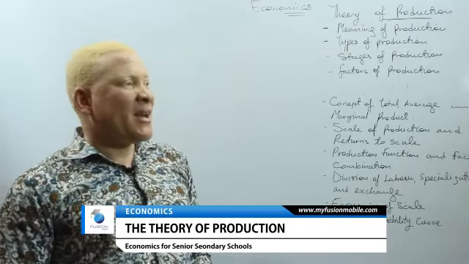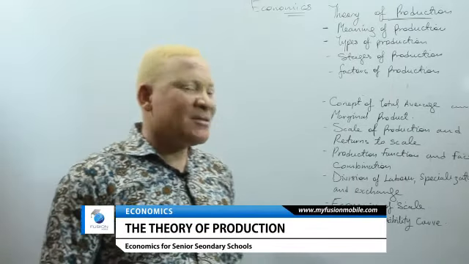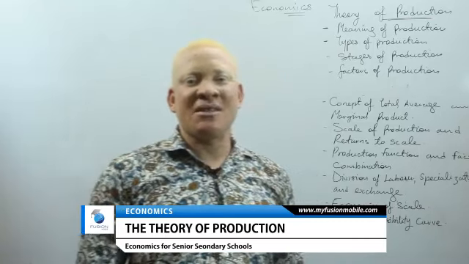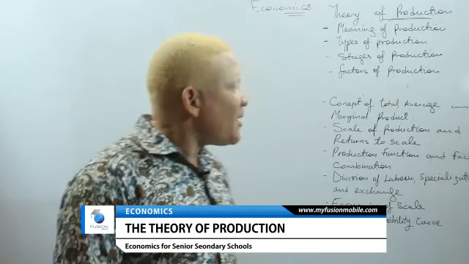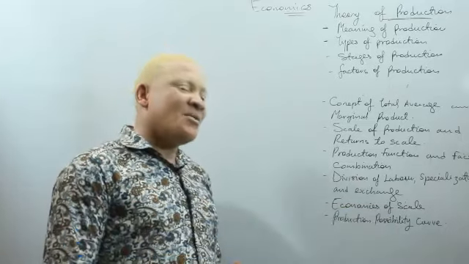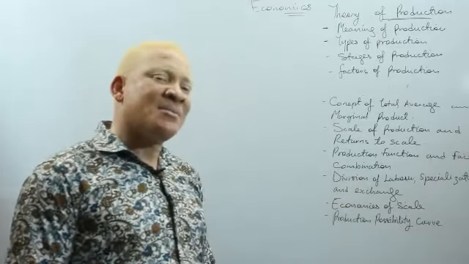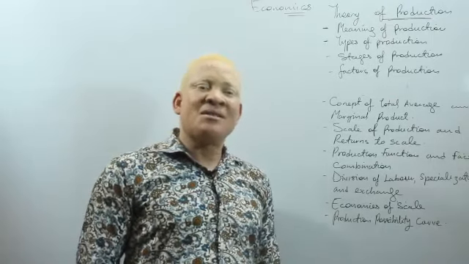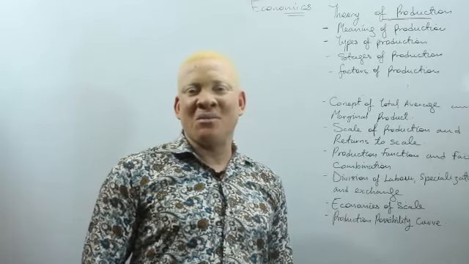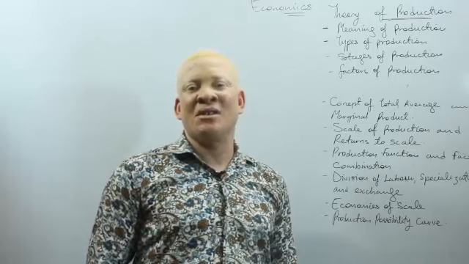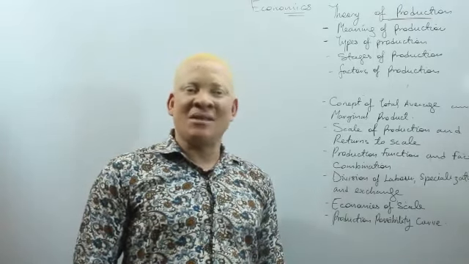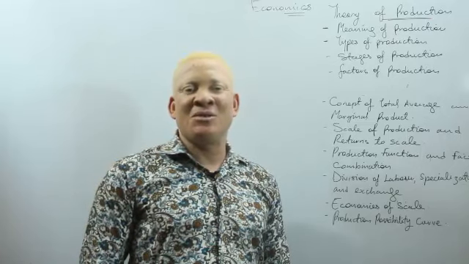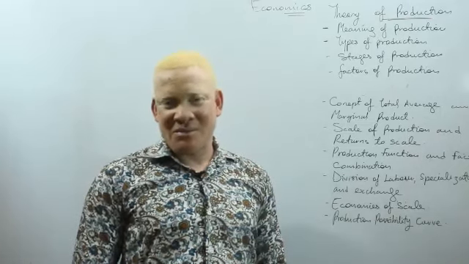Like we said, production is the creation of goods and services for the satisfaction of human wants. When production has taken place, it must get to the final consumer before we say production is complete. The process of production is never complete until goods produced are consumed.